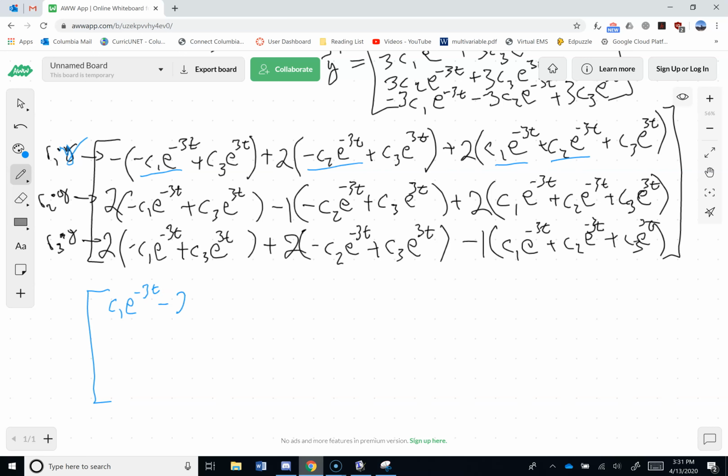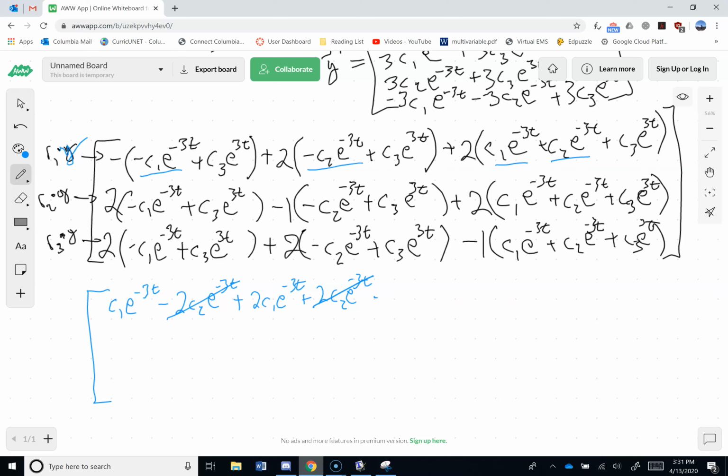Then I have a minus 2 c2 e to the minus 3t, and a plus 2 c1 e to the minus 3t, and a plus 2 c2 e to the minus 3t. Some of that cancels, that's good.